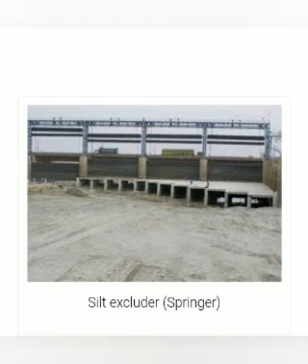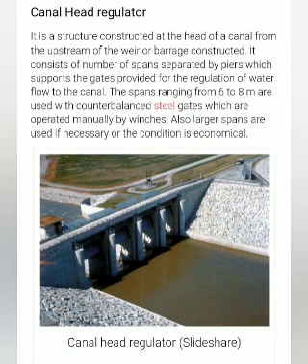The bottom portion of tunnel is formed by the floor of undersluice pocket. Then canal head regulator. It is a structure constructed at head of canal on the upstream side of the weir or barrage. It consists of a number of spans separated by piers which support the gates provided for the regulation of water flow to the canal.